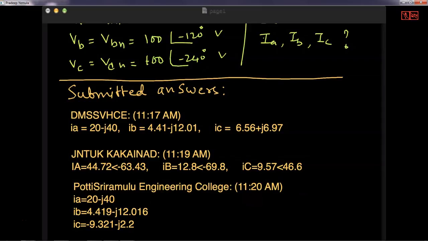So this is where it is interesting. So IA current is same here, IB current is also same, but IC current is different. 6.56 plus J 6.97, whereas here it is minus 9.31 minus J 2.2. So slightly different value.